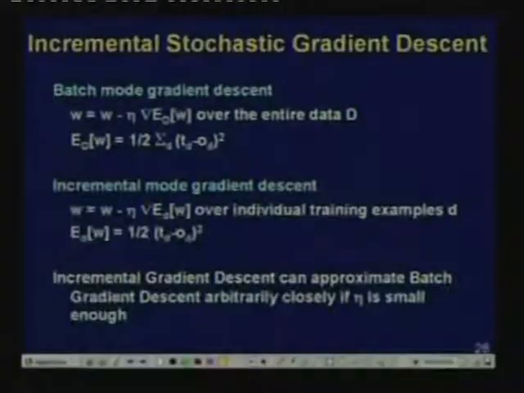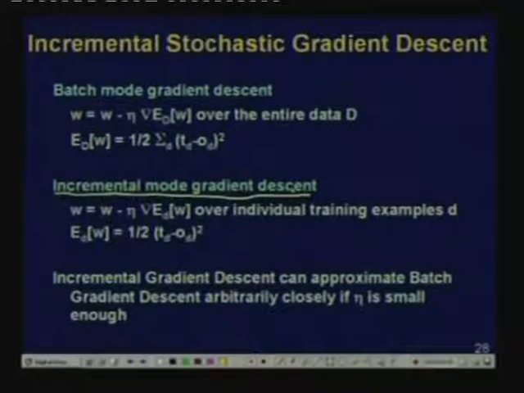So, what people often use instead is an incremental version of the gradient descent algorithm, where for each example that is processed, the weight vector is changed. And this incremental gradient descent is expected to be much faster than the batch mode gradient descent.